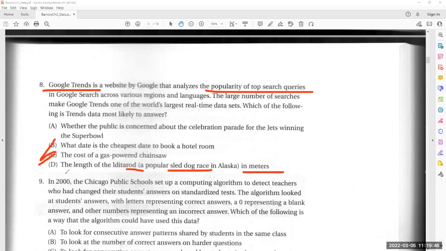How long it is, is not something people can vote on or call in to search for. The length has nothing to do with popularity. Only how much people are concerned is related to popularity. So A is the right answer. The keyword is popularity, the Google Trend. We talked about it in the class, okay?